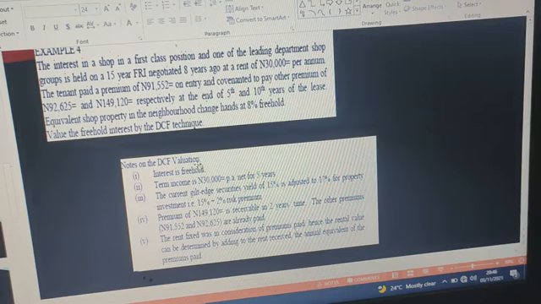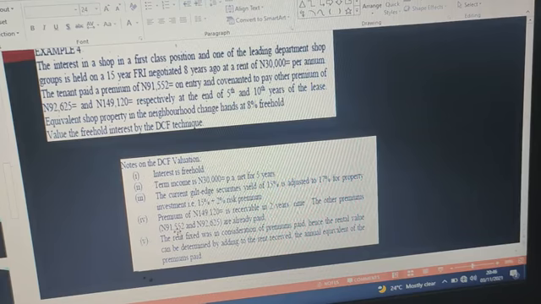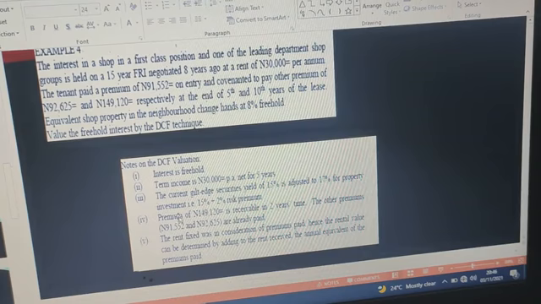Notes on the DCF valuation. 1. Interest is freehold. 2. Term income is N30,000 equals PA net for 5 years. 3. The current gilt-edged securities yield of 15% is adjusted to 17% for property investment, i.e. 15% plus 2% risk premium. 4.